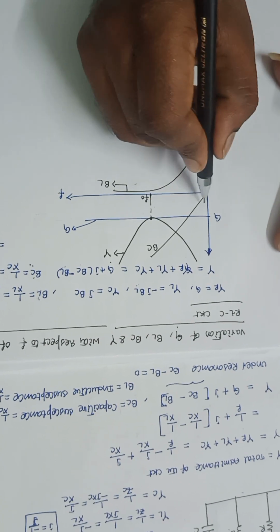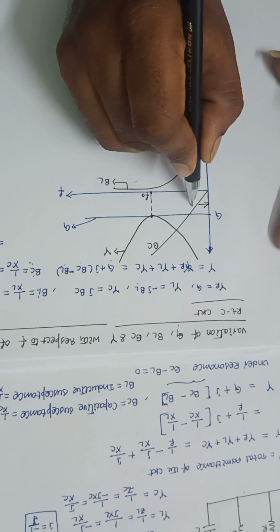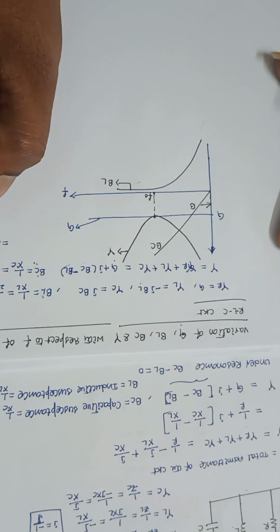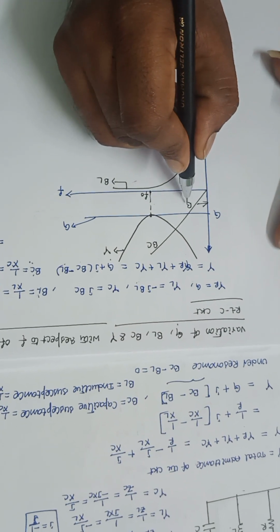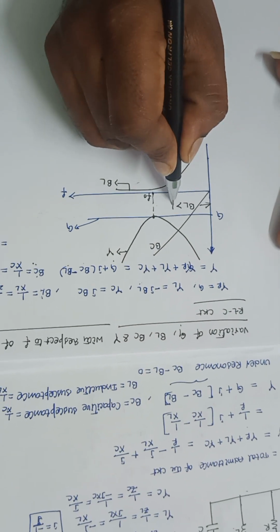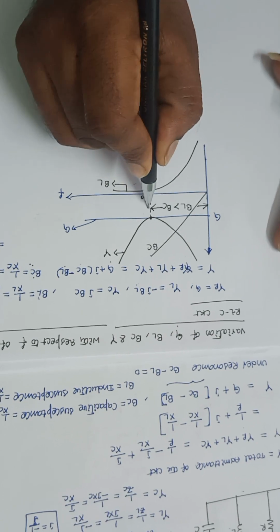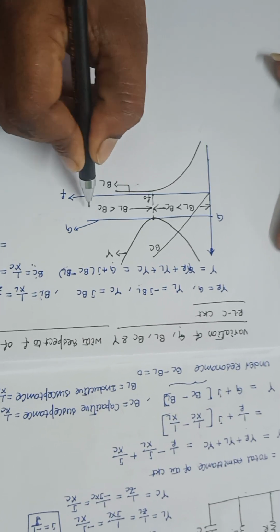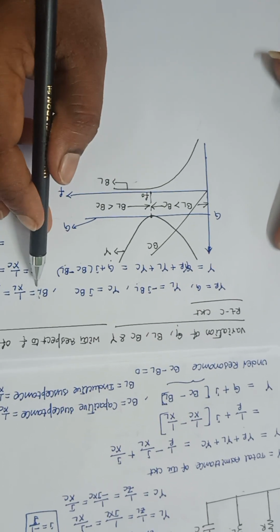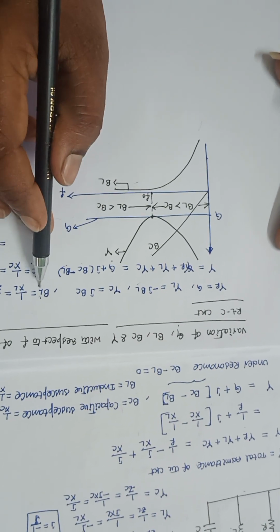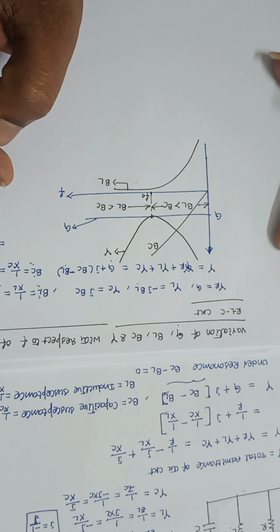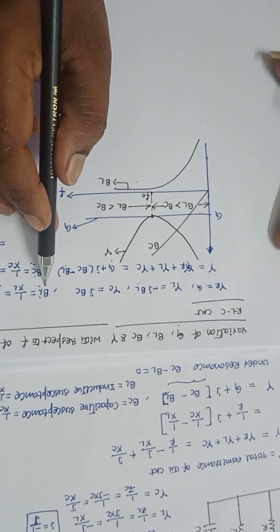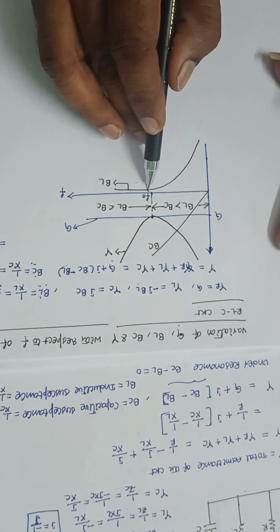Before this, BL is greater than BC. From here to here, BL is less than BC, because at F equal to 0, BL is equal to infinity, and at F equal to 0, BC is equal to 0. So BL is greater than BC up to this point.